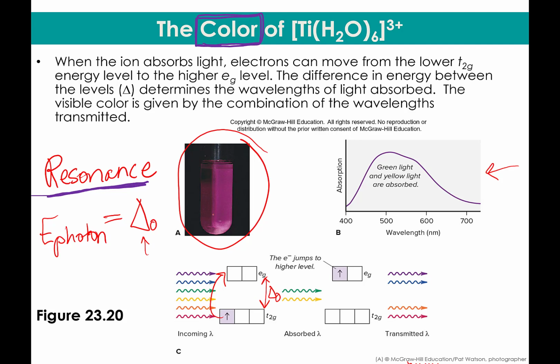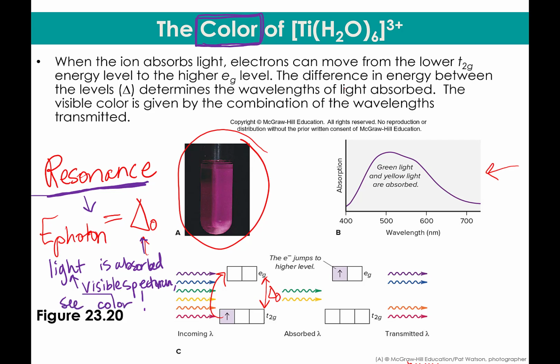A transition metal complex can absorb light when this resonance condition exists, when the energy of your photon is equal to your delta octahedral. When this occurs, light is absorbed, and if the light absorbed is part of the visible spectrum, then we will see color.